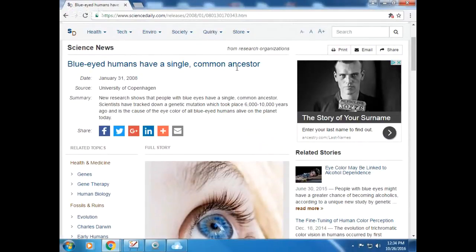So that means that we believe that that little o, from the big O to the little o, happened only once, right? And the reason why is this: if we look at the probability of what the letters are that are changing, they're the same in all people that have blue eyes. And so 6,000 to 10,000 years ago doesn't seem that long ago. So before that, there were no blue-eyed people, okay, on the planet.